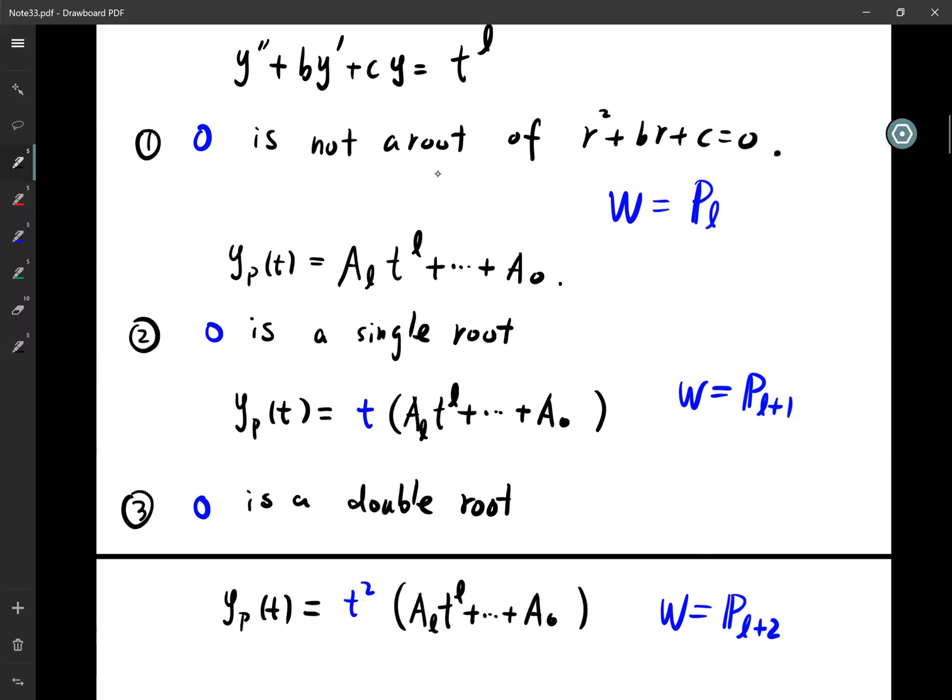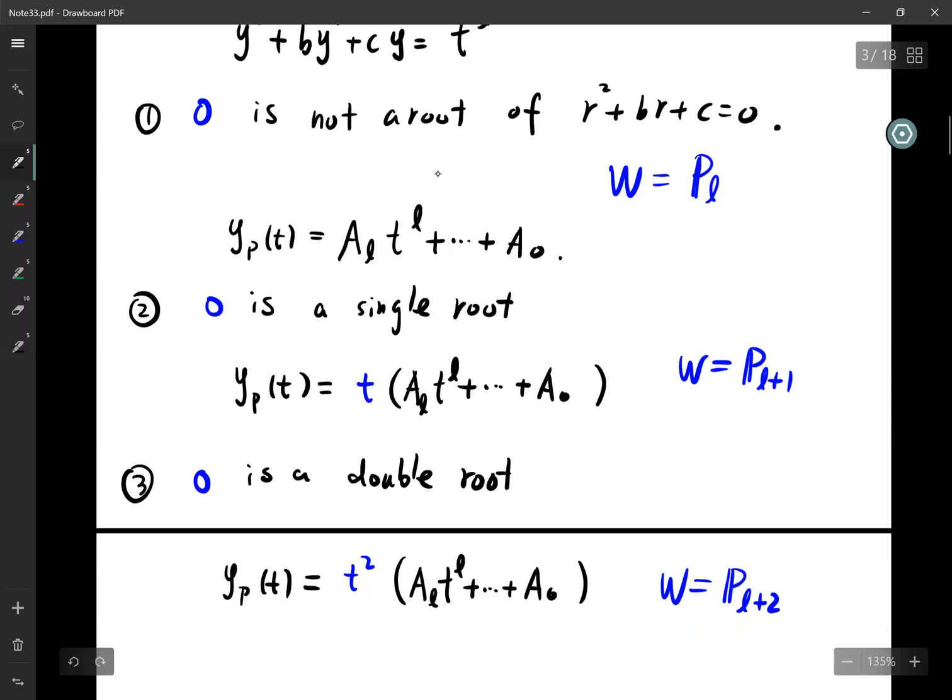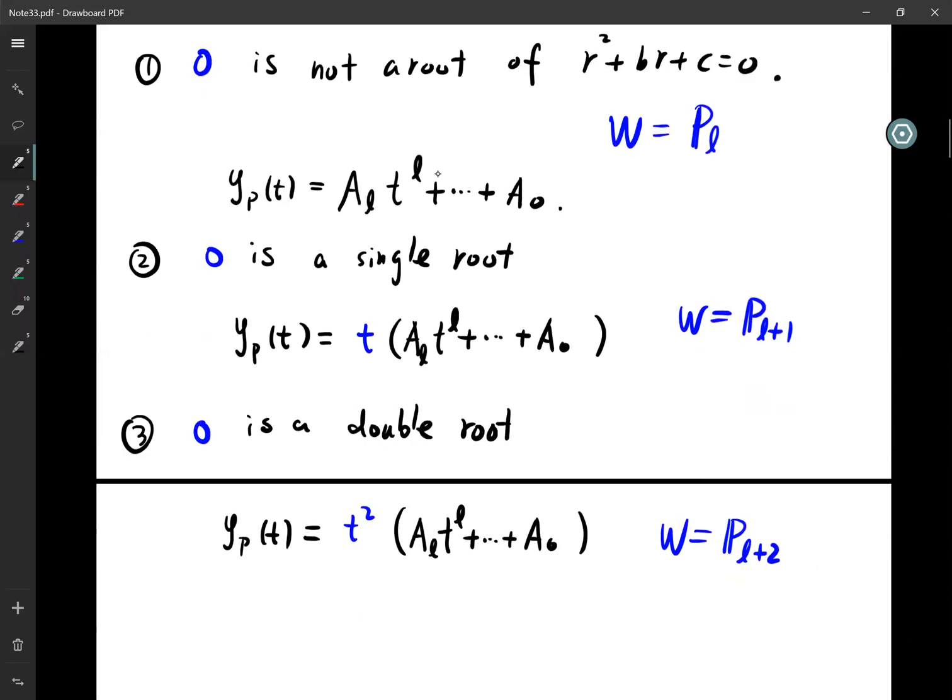Okay, thank you. Another quick question: is W just the polynomial space that Y_p(t) is in for each corresponding root? Exactly. So this is just the polynomial space, but you see that one basis element is noticeably missing. Let's say here, I don't have any constant. That's because the constant term is absorbed into the solution set of the homogeneous equation.